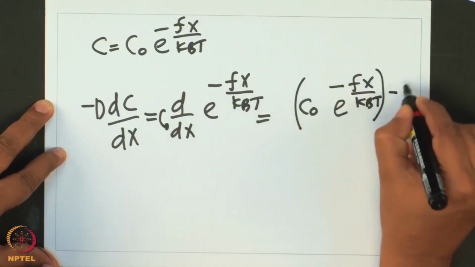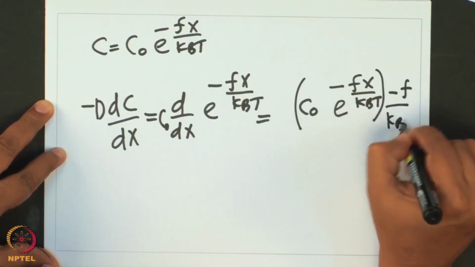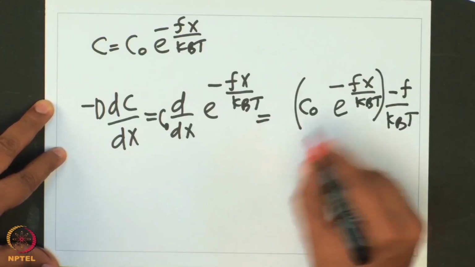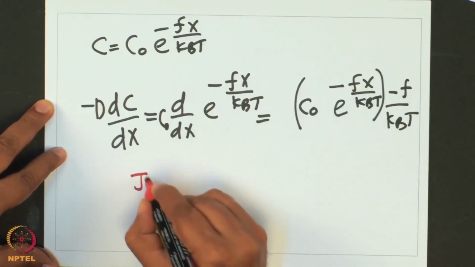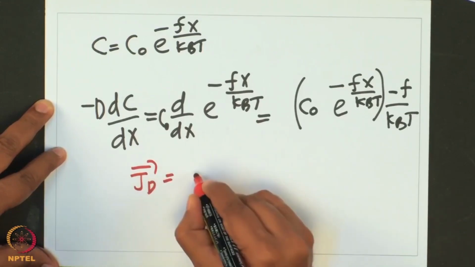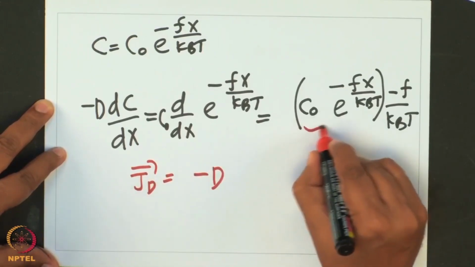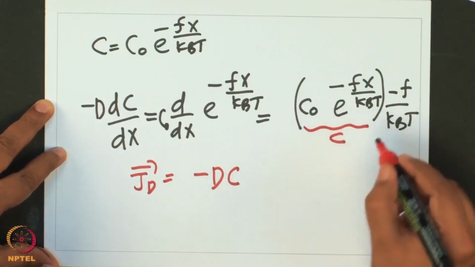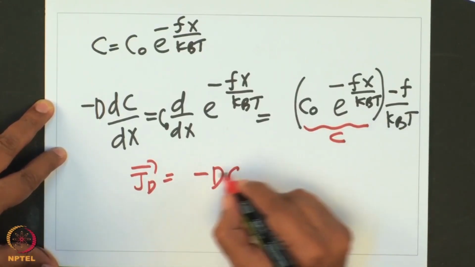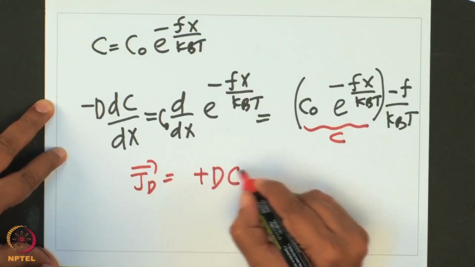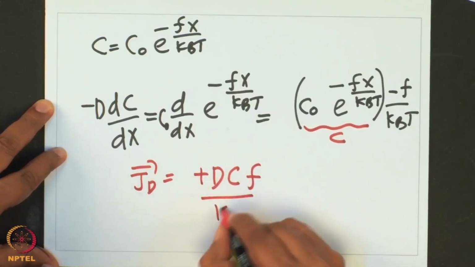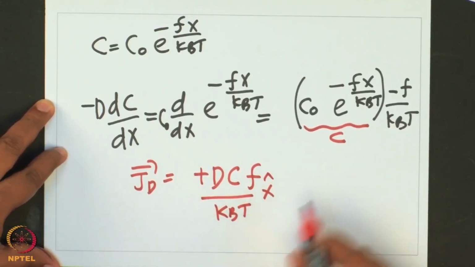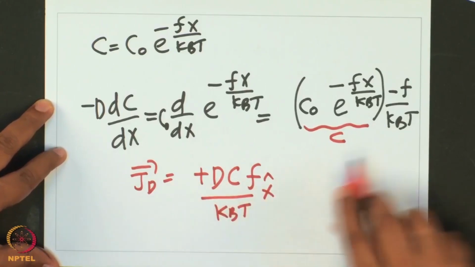So if I substitute, the full JD would be minus D times, this thing is my C itself, so C, minus F, so this would become plus F by kBT, and there will be an x cap here. So this will be the diffusive current.